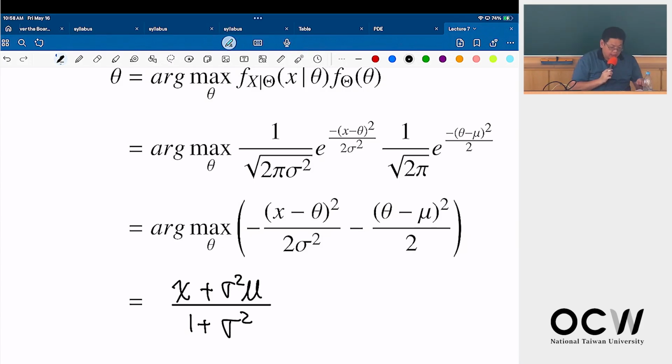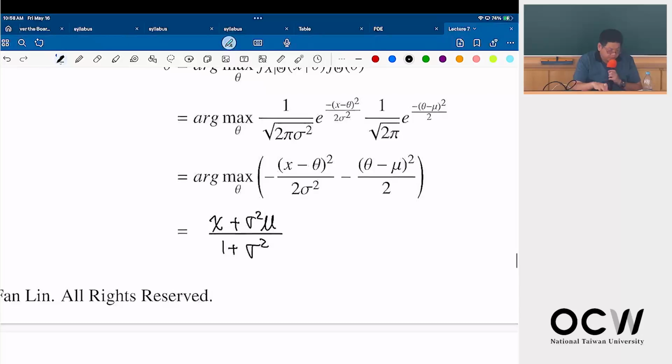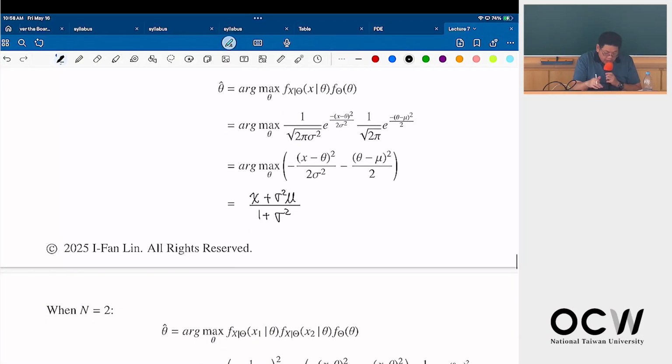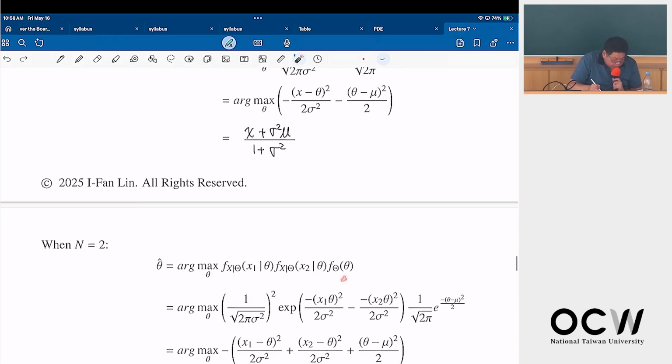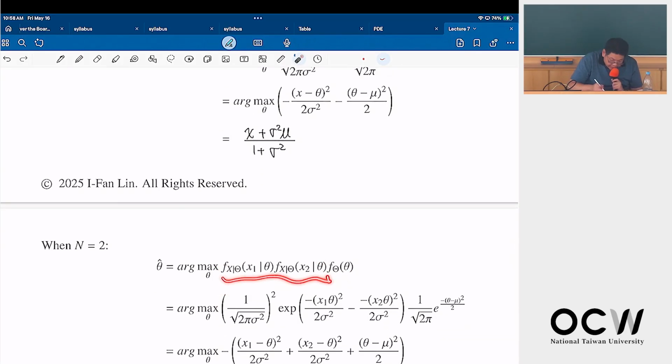And if n equals 2, then we have these two parts still times the prior distribution. For these two parts, I have a coefficient term and an exponential, and also the prior.